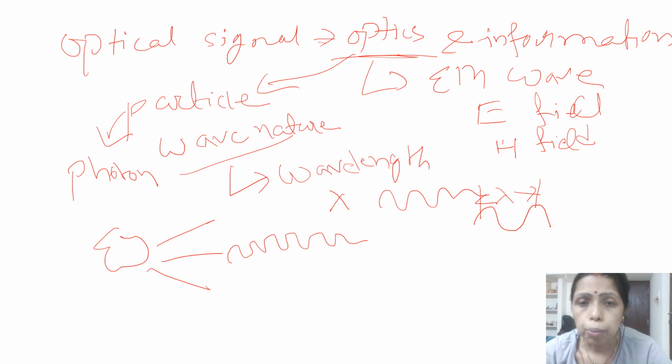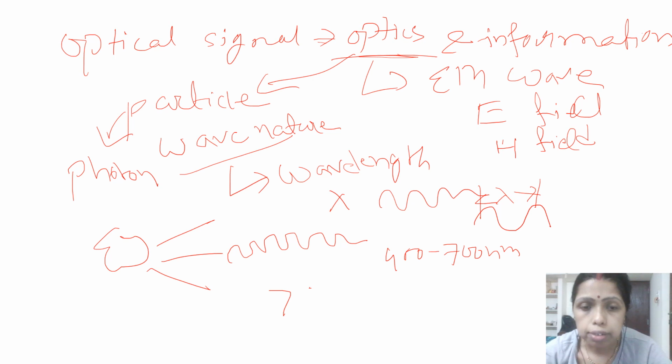Normally in optics, the optical signal we prefer for optical communication has a wavelength of 400 to 700 nanometer. Such wavelengths may be used for visible light optical communication.